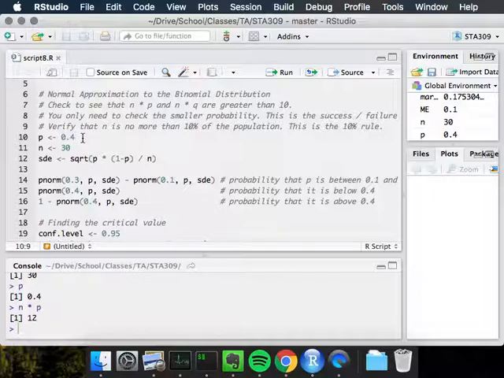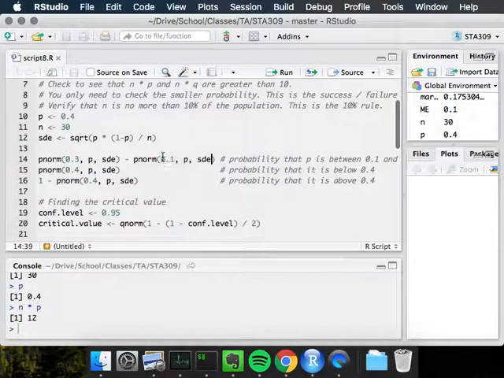So that's what we'll be using for normal approximation, and then the standard error. Sorry, the standard deviation would be when you're not looking at n, and the standard error is when you're using n, so you're using the 1 over square root of n. So basically all you need to do is use p norm, and you plug in p for the mean and the standard error for the standard deviation for the normal approximation.